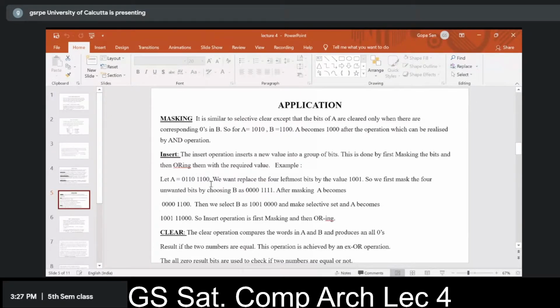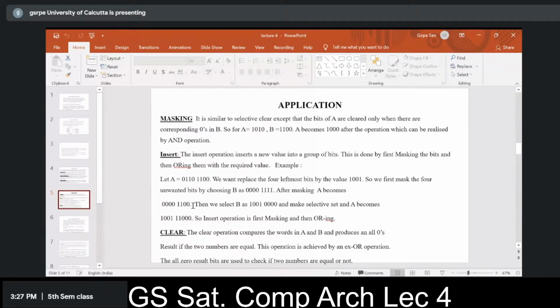So these 4 bits of B will be 1111 and the other 4 bits of B will be 0000. So you first select B as this and then the mask operation is executed, and after masking A will become 0000 1100.